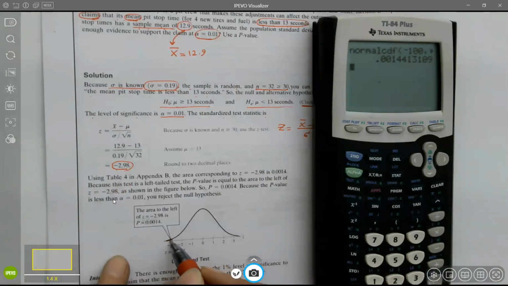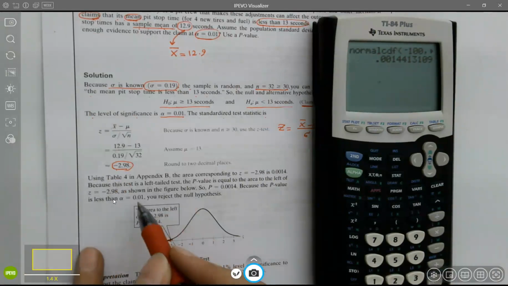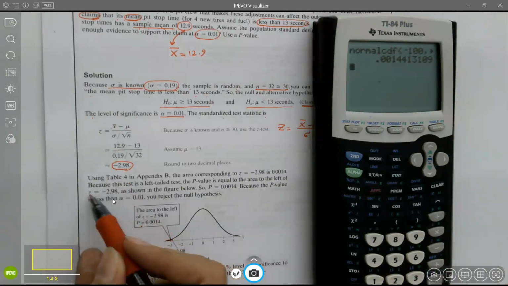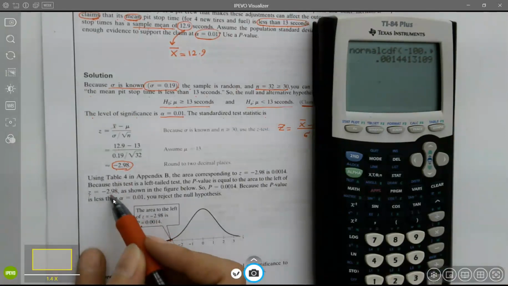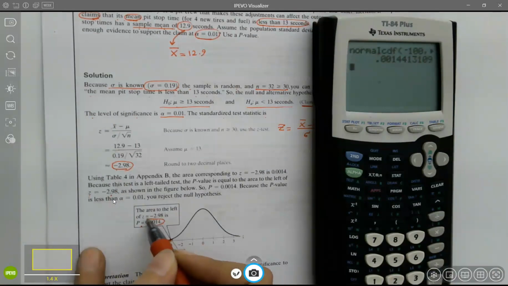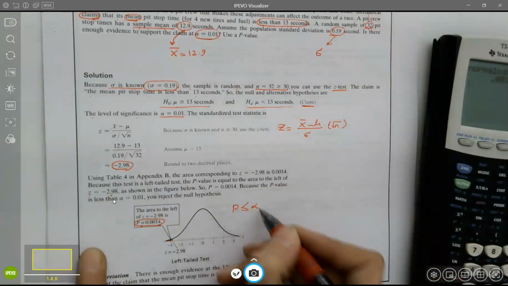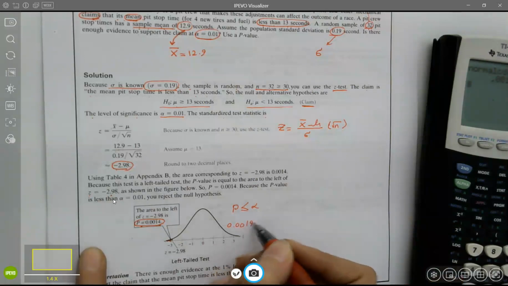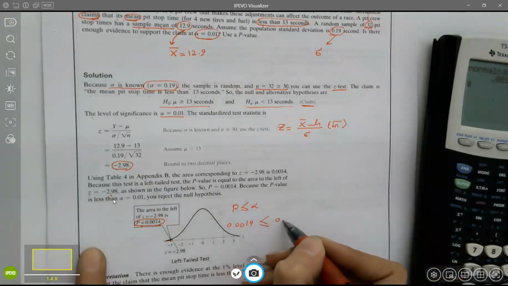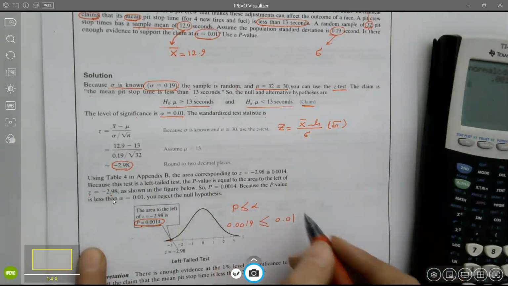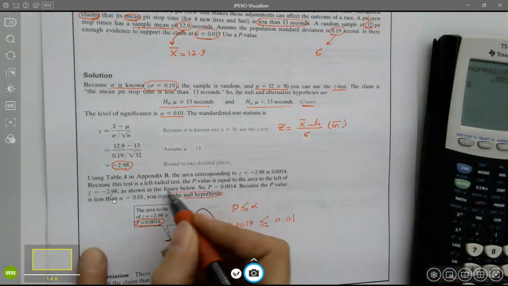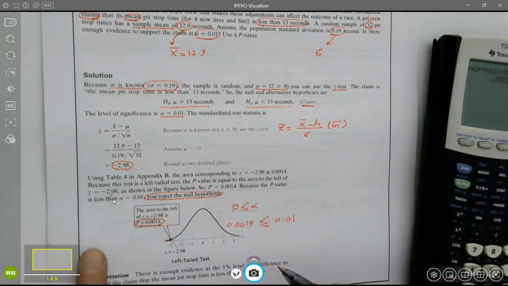And since the p-value, or the probability, is the same as this area that you found here, to the left side of z, the p-value, a very small area, is less than your alpha. 0.0014 is less than or equal to alpha, 1%, it means that we reject the null hypothesis.